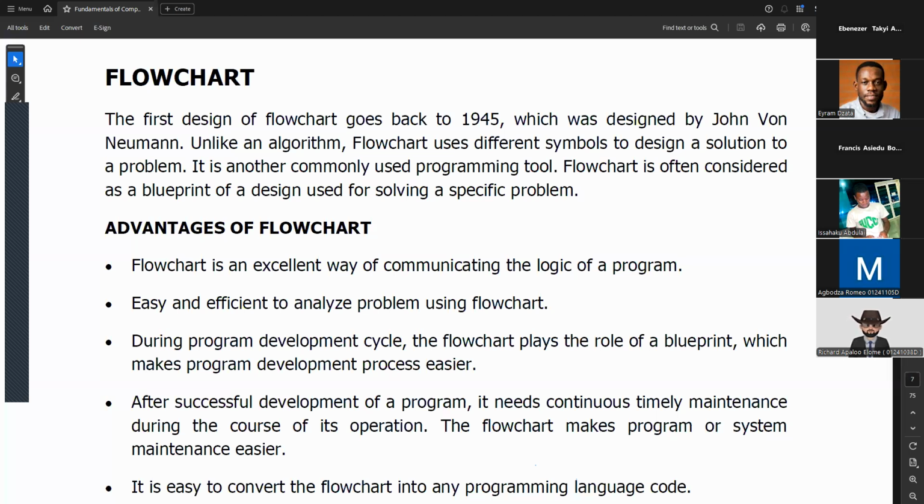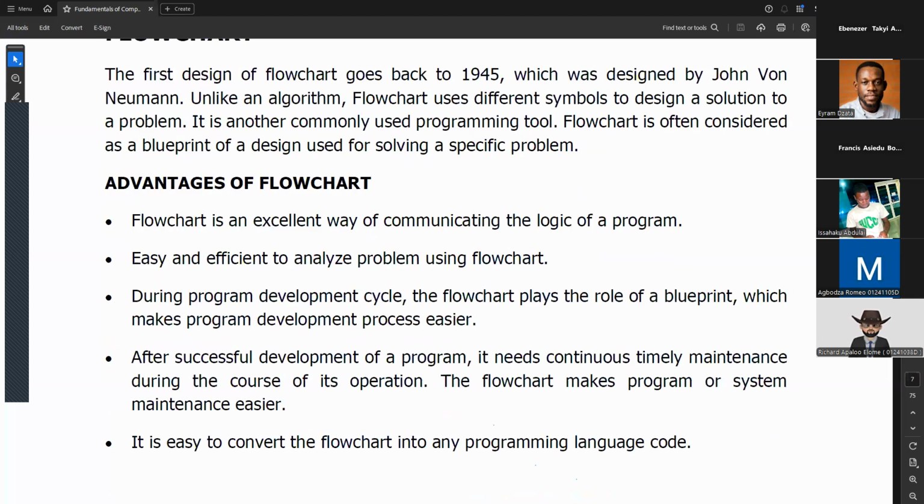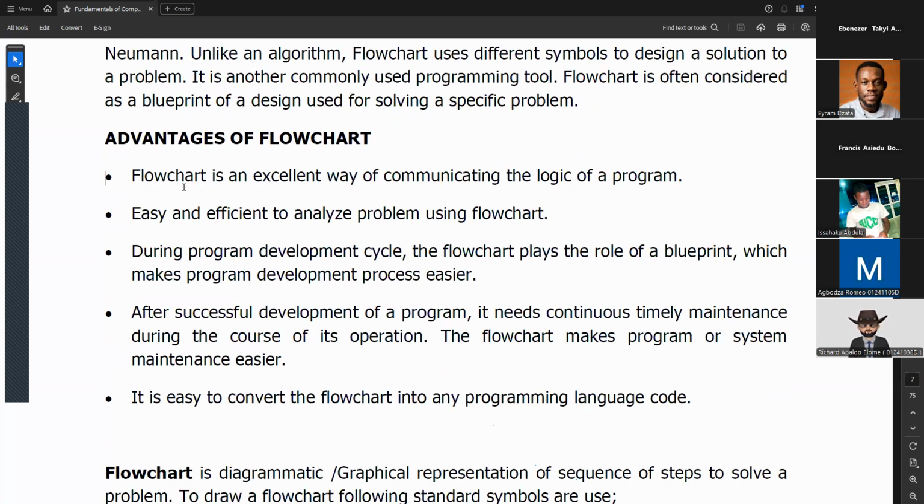So what are some advantages of the flowchart? The flowchart is an excellent way of communicating the logic of the program. It's easy and efficient to analyze problems using your flowcharts.